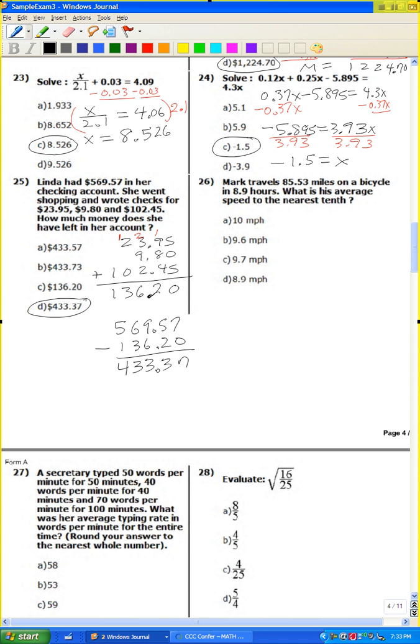Let me do problem 26. Mark traveled 85.53 miles on a bicycle in 8.9 hours. What was his average speed to the tenth? And so you would just do the distance he traveled, 85.53, divide that by 8.9.